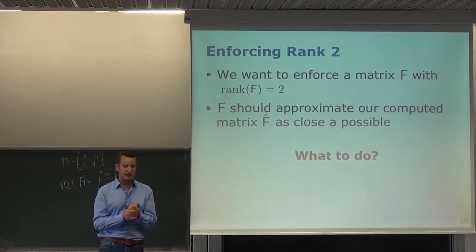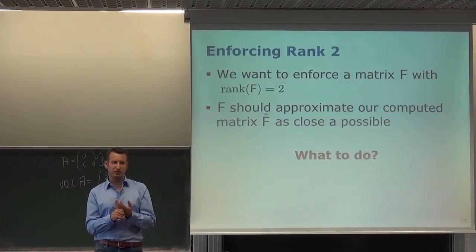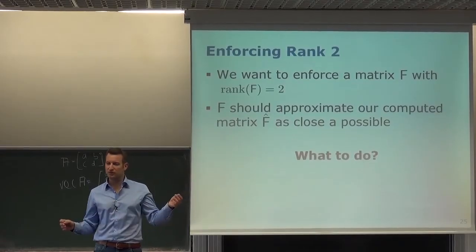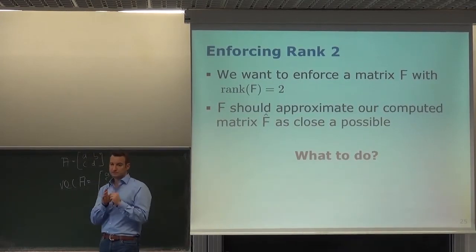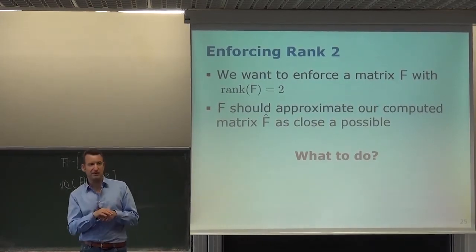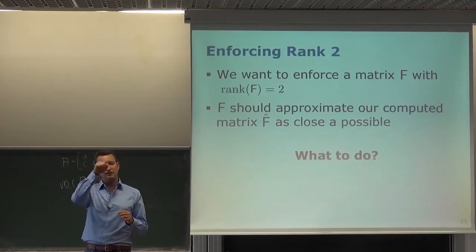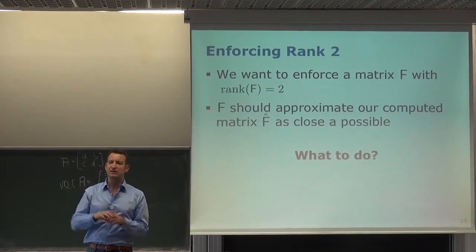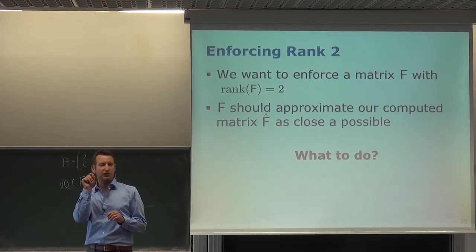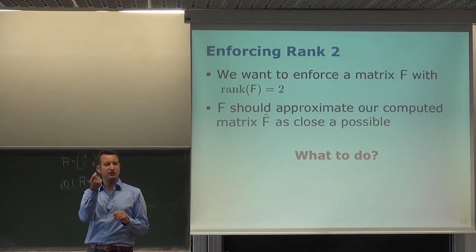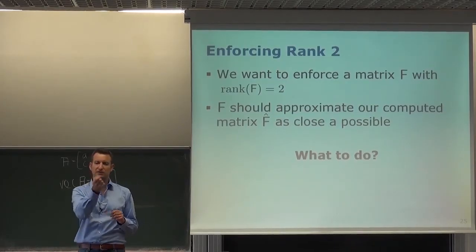In order to do that, I can again exploit the singular value decomposition, because what the singular value decomposition does is turn A into a product of 3 matrices, and the matrix in the middle, the matrix D, is exactly the matrix which has the singular values on its diagonal. I simply take the smallest one out and set it to 0. That's the trick that I'm doing. Yes, please.